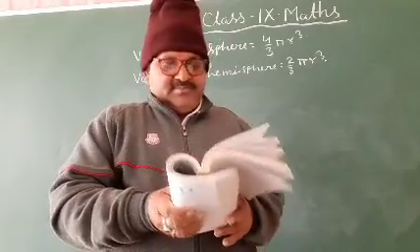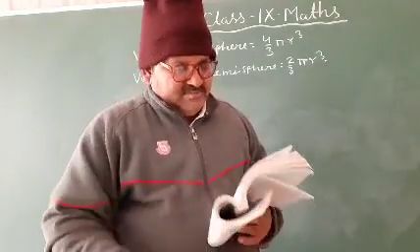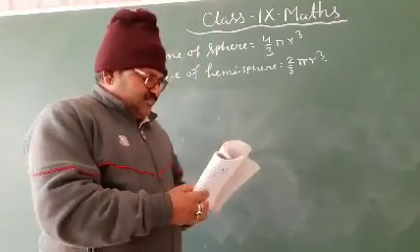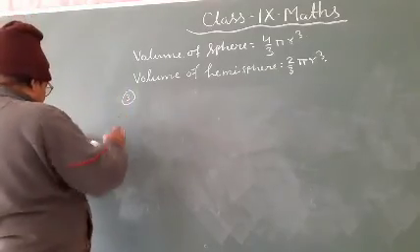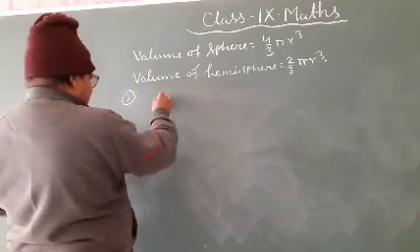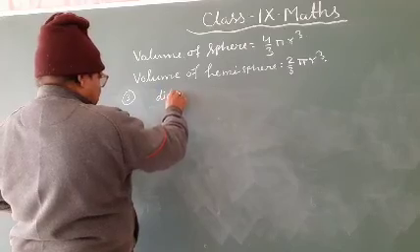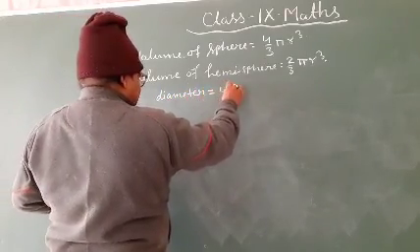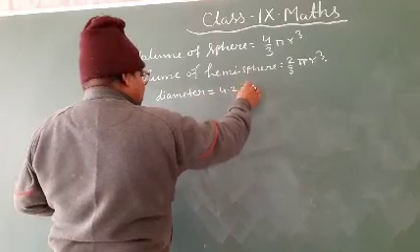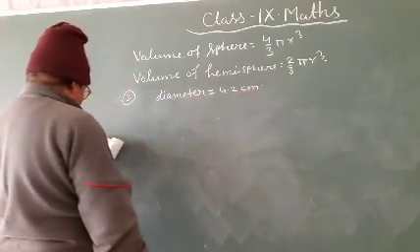Question number 3. The diameter of a metallic ball is 4.2 centimeter.